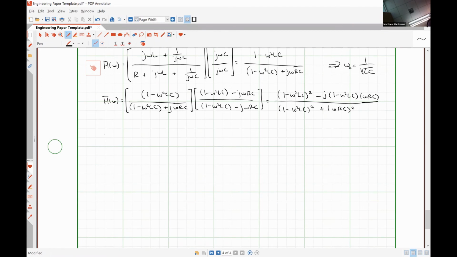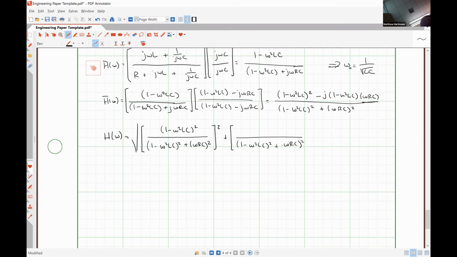We can take the magnitude. Since I'm squaring it, I'm not going to bother keeping up with that negative sign.